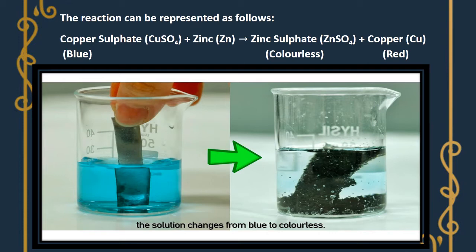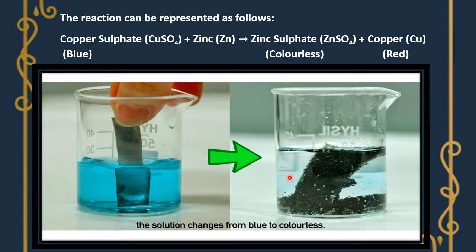When we do this reaction, we need to note the observation before the reaction and after the reaction. So before the reaction, what observation is to be made? That the solution is blue in color. But after some time we observe that the blue color fades, the blue color becomes colorless.